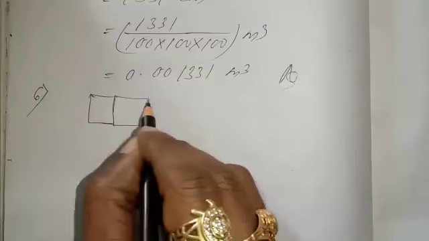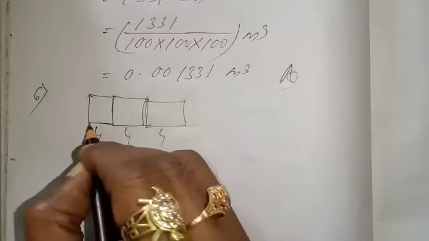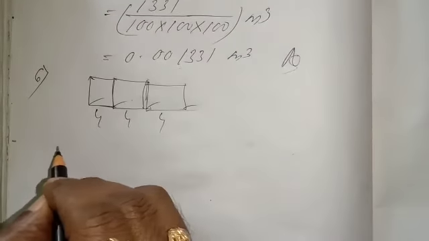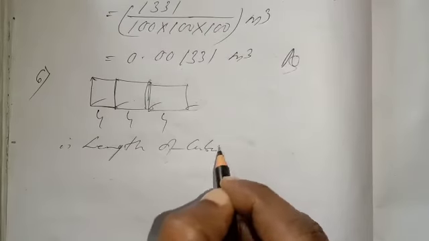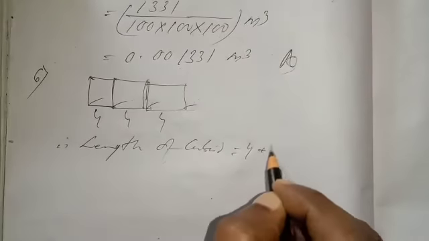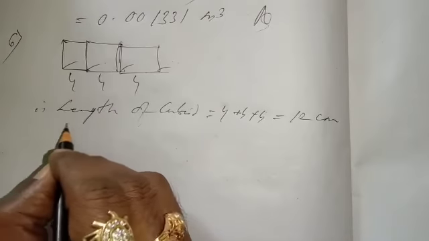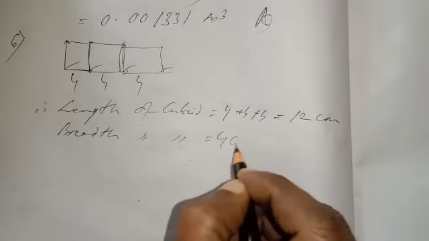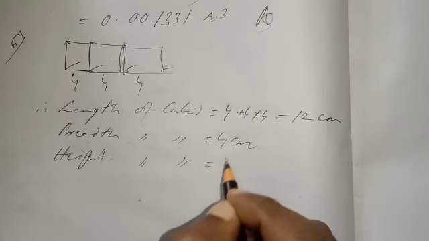Therefore, the length of the cuboid so formed will be 4 plus 4 plus 4, it is coming 12 centimeter, but the breadth will be the same. Breadth of the cuboid so formed will be 4 centimeter and height of the cuboid so formed will be 4 centimeter.